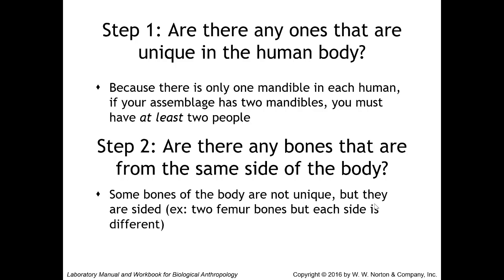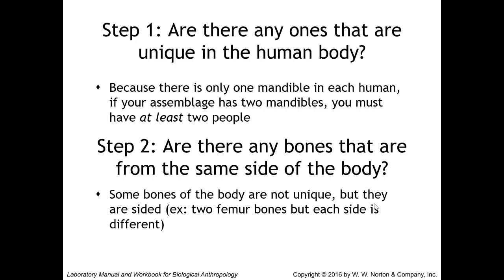And then the second step here is, are there any bones that are from the same side of the body? So some bones of the body are not unique, but they are sided. You have 1 left humerus, 1 right humerus, 1 left femur, 1 right femur. Same thing with your tibia and fibula. So if your site has 2 right femurs, then you know you have at least 2 individuals.